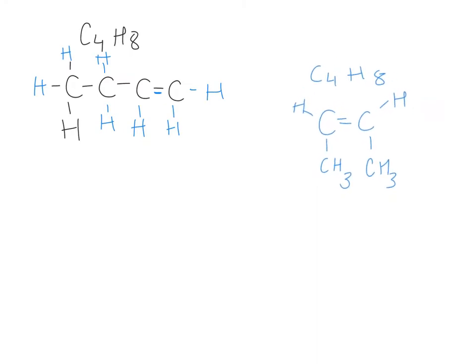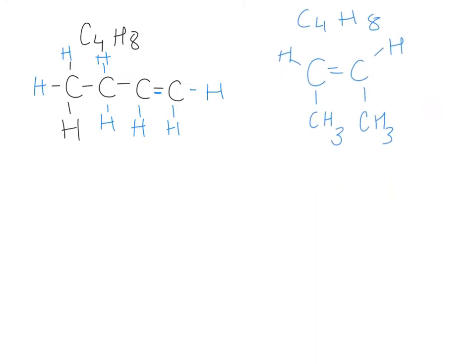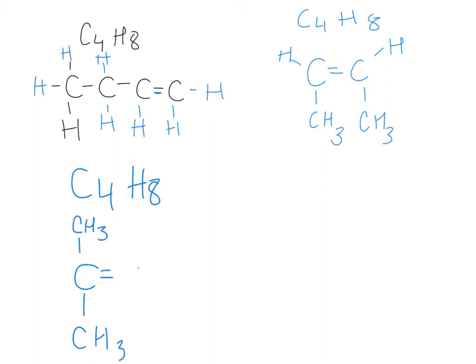So you're looking at the exact same ingredients, just putting them together a different way. Another way you could draw C4H8 is you could put both branches onto one chain. So you could have C with your CH3 and CH3, and then our double bond C with our final 2 hydrogens here.